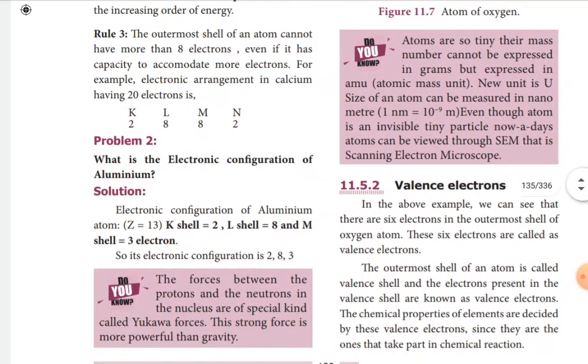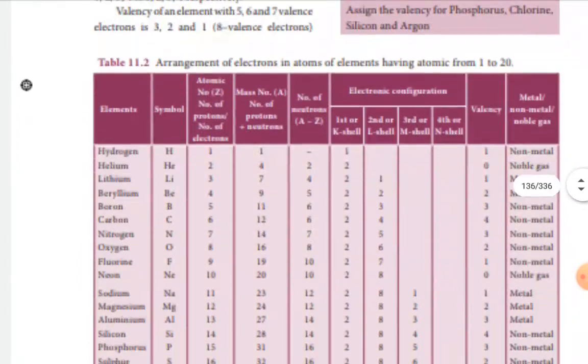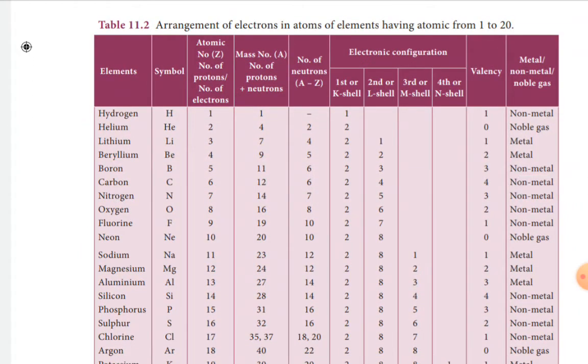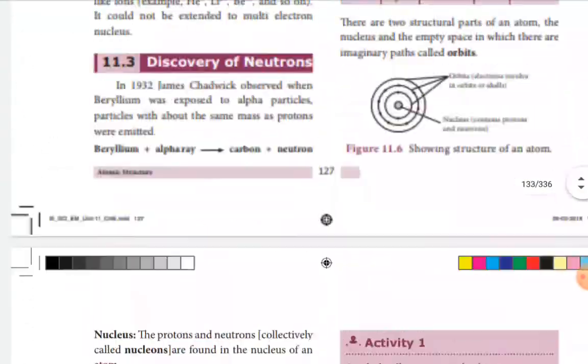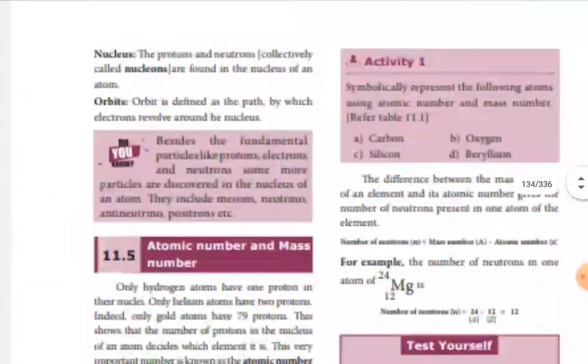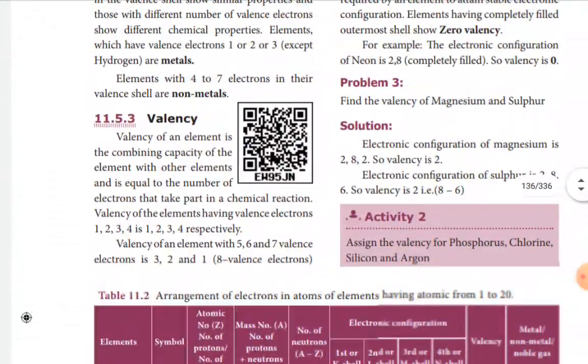Because of this similarity in their physical and chemical properties, he kept the elements below the long form of the periodic table.